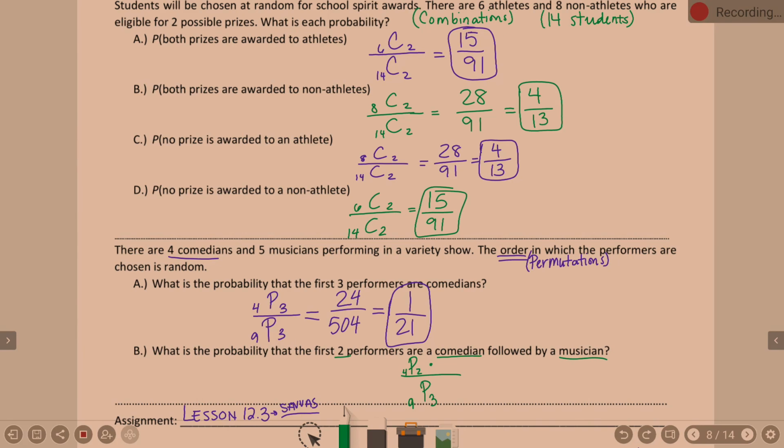How many options are there for the next one to be a musician? How many musicians are we picking from? 5. To fill how many spots? 1. So then I'm going to do times 5P1.